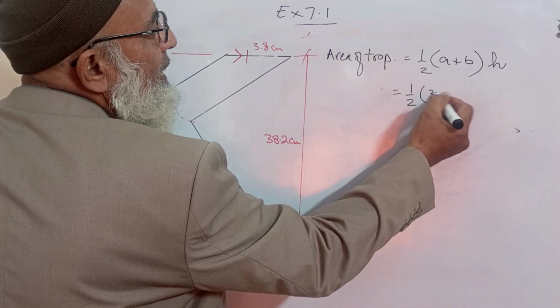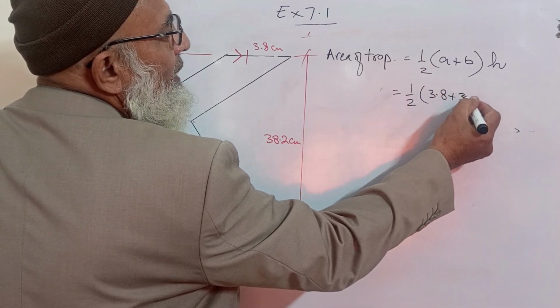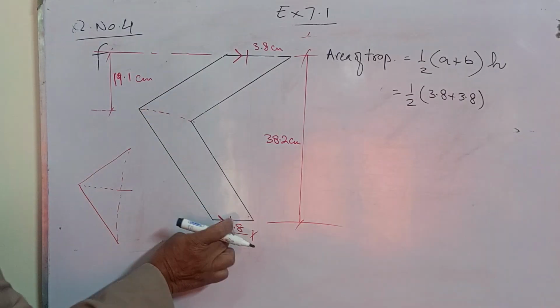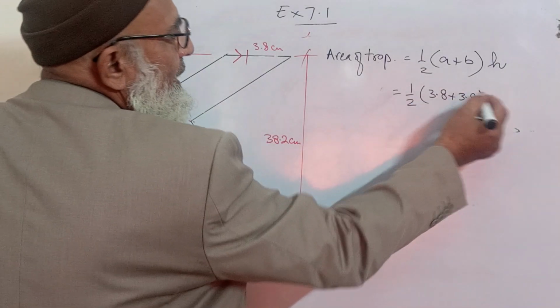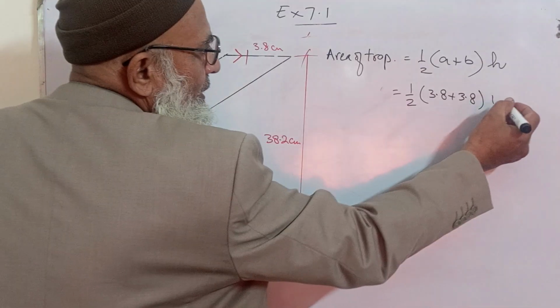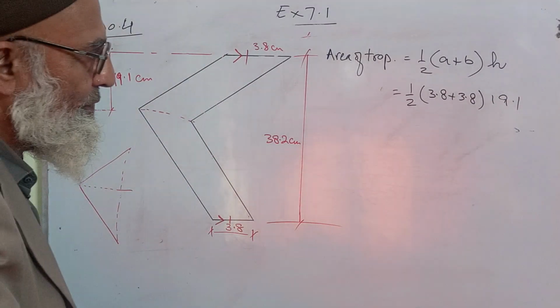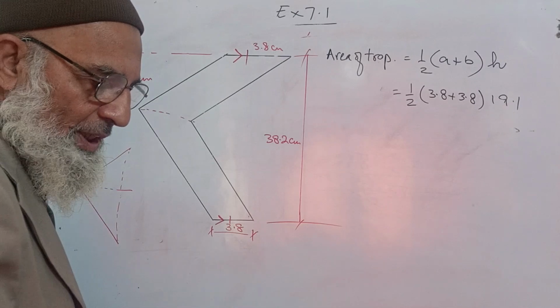Half of 3.8 plus 3.8, because a and b are equal. So 3.8, and the height is 19.1. Just calculate this.